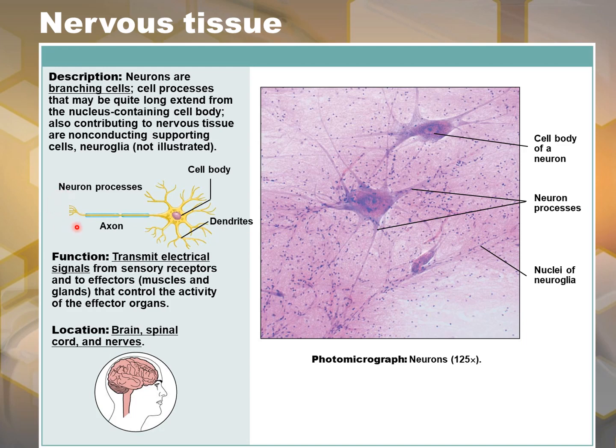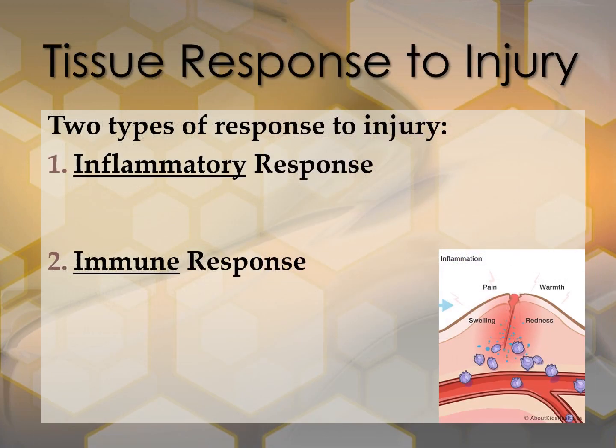But essentially what it does is it generates an electrical signal, and it sends that signal through the axon to either another neuron or to a tissue, some sort of effector, cell, muscle, gland, something that it's going to stimulate. Okay. And again, we only find nervous tissue in our brain, spinal cord, and nerves.